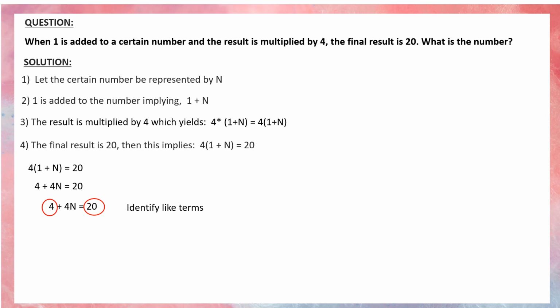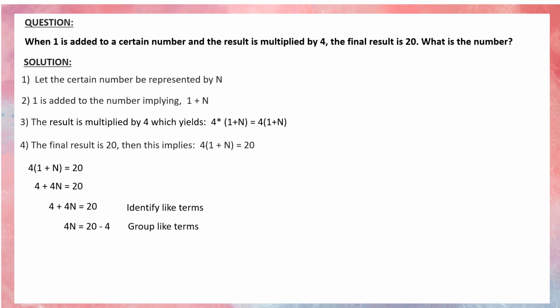So if we take the 4 on the left-hand side, take it to the right-hand side to meet its like term member, it will now give us 20, and then we'll now have minus 4. So 4n will be left on the left-hand side, and when we take the 4 on the left-hand side to the right-hand side to meet the 20, it now becomes 20 minus 4.